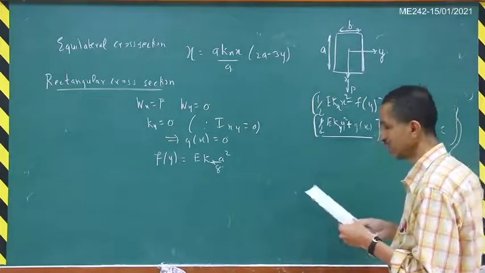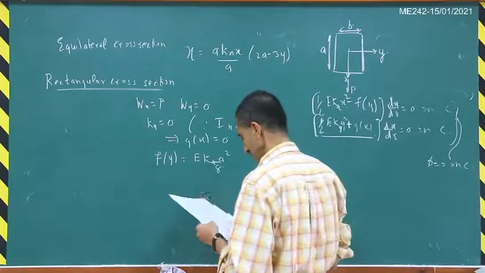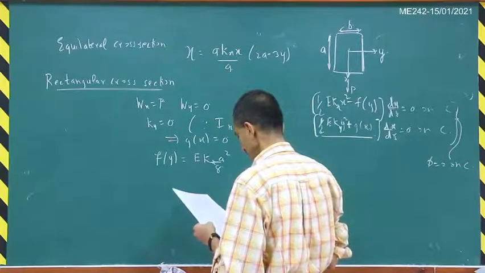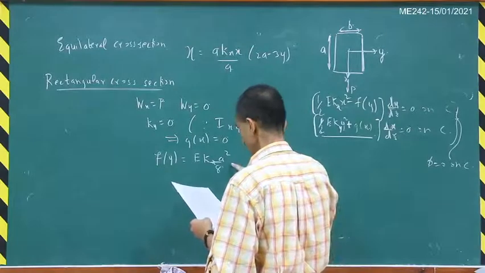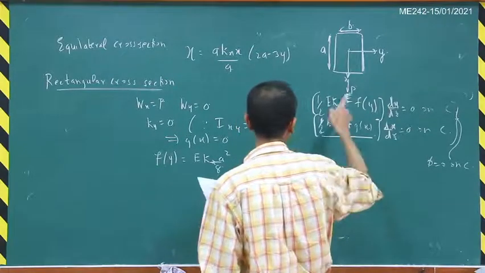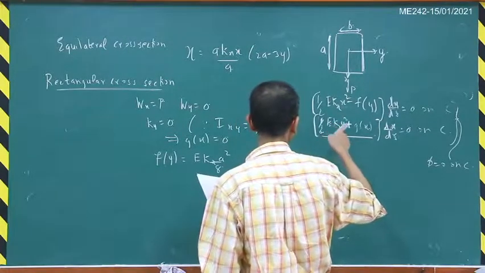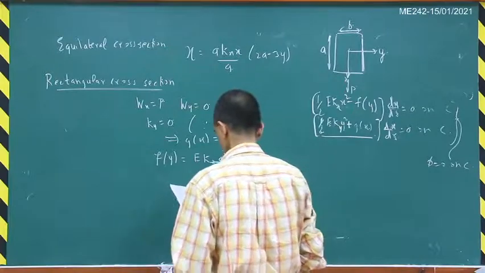So if you see this particular choice that I have made, then you will see that along x equal to plus minus a by 2, this is automatically satisfied.